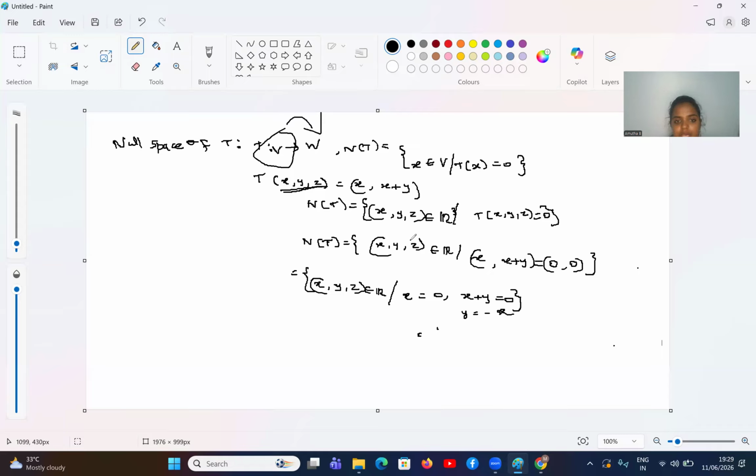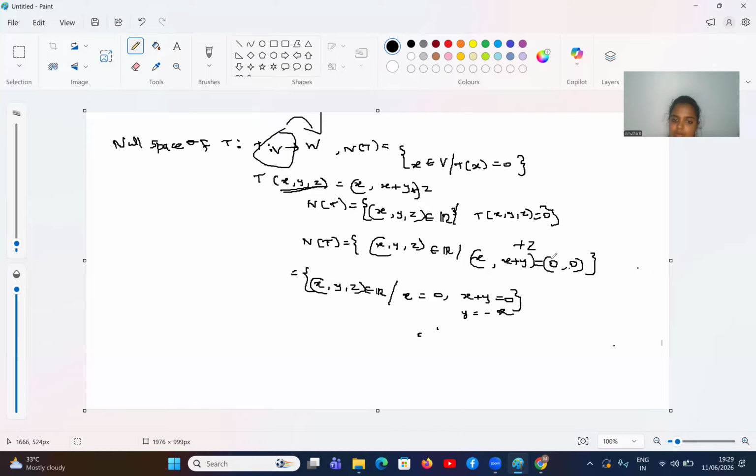Actually, here we have x, y, z. The map should be in terms of x, y, z, so I am adding plus z also. Likewise, here also we have to add z.